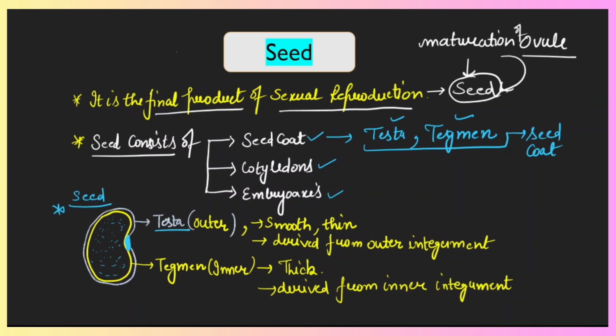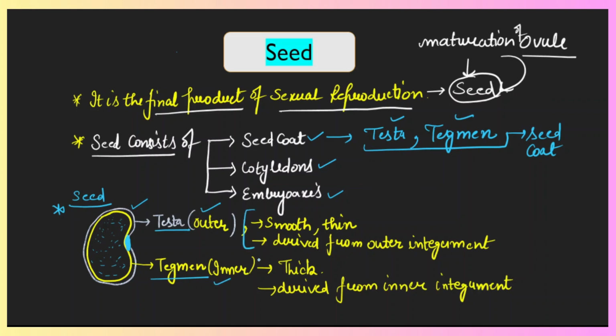The testa is the outermost protective covering of the seed, and inner to the testa is the tegmen, which is the inner protective covering of the seed.